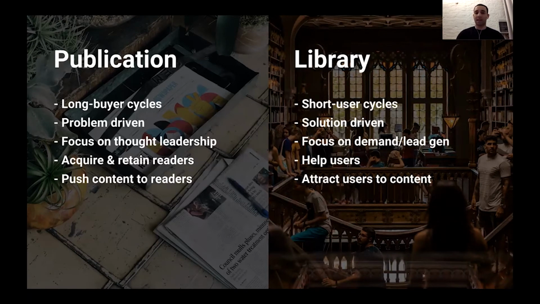Whereas publication thinking ties in very nicely with thought leadership, library thinking is a great way to work on demand and lead gen. And rather than acquiring and retaining readers, it's about helping users. And in the same way, a library draws people to itself so that they can come and check out books. Content as a library is really about attracting users to content rather than pushing content to readers.